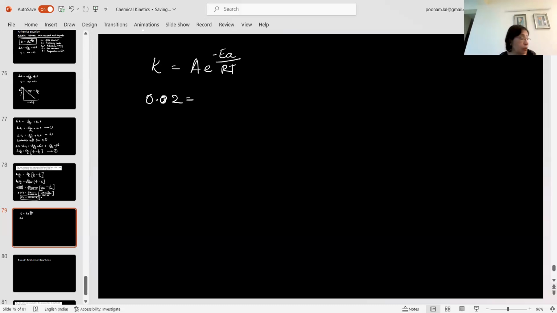Otherwise, I can just do directly 0.02 is equal to A E raised to minus all that big value, 18230.8 divided by 8.314, EA by RT.